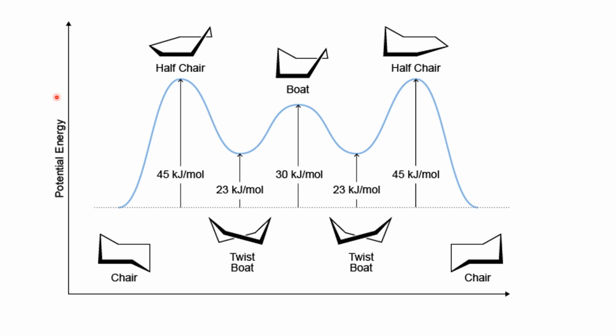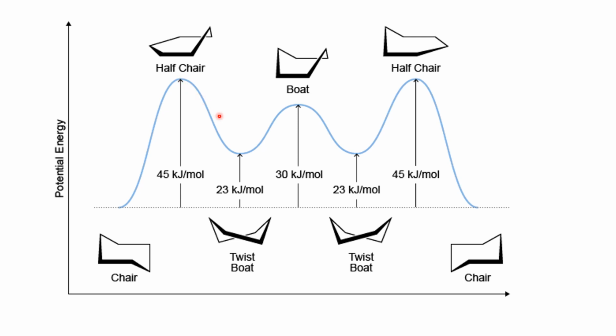Now see the potential energy diagram. When we observe the potential energy diagram, the chair conformation has minimum energy, that means maximum stability. And it moves to the half chair conformation, which has maximum energy.